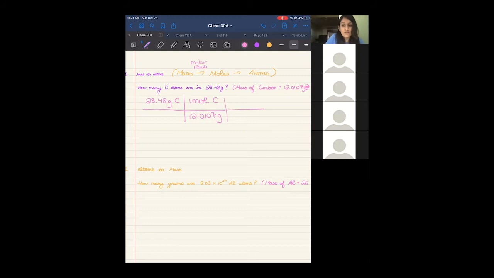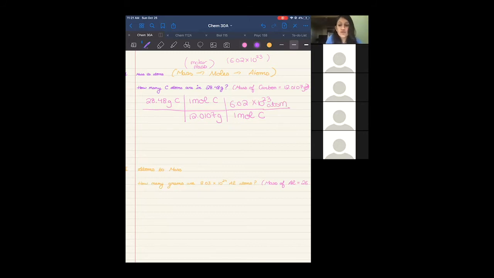And now that you have moles already, you're going to go to atoms. Then you need Avogadro's number for that. So you put 1 mole of carbon, and then you put Avogadro's number, and then it is atoms, right?